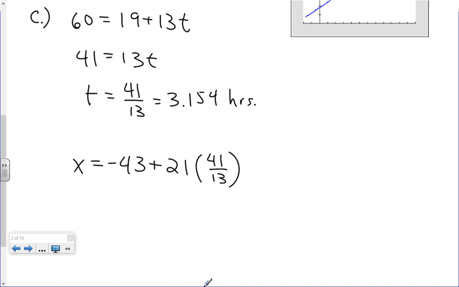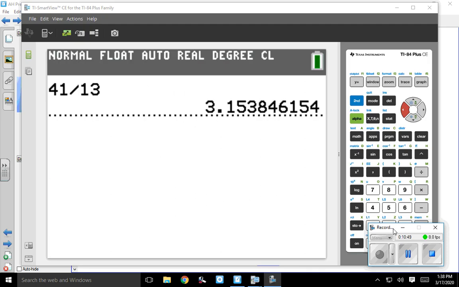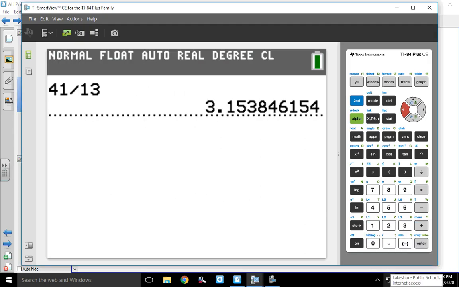And the question is, when does that occur? All right, well, let's punch that into our calculator and find out what we end up with. So on your calculator, let's calculate that. We had a negative 43 plus the 21.